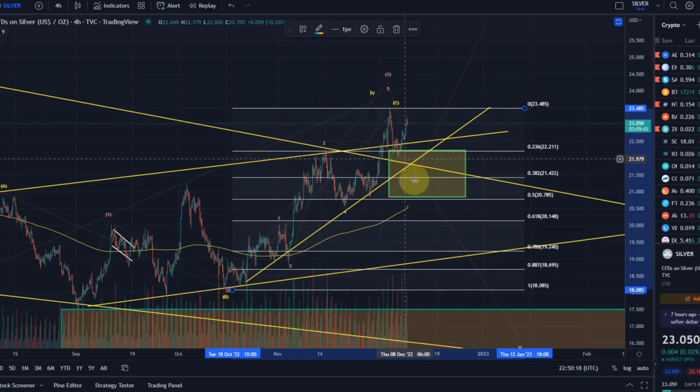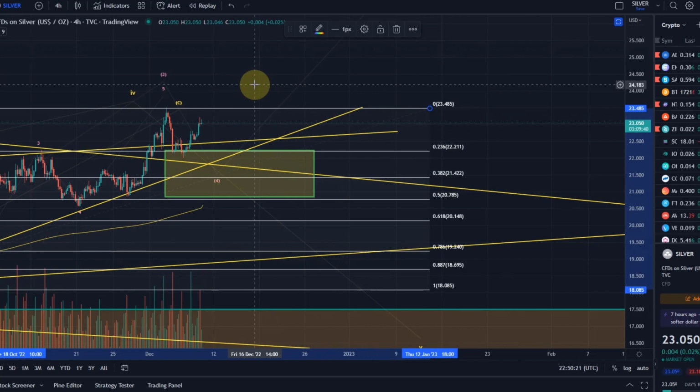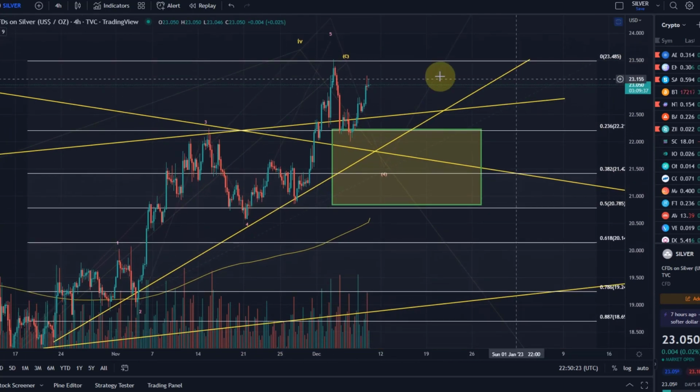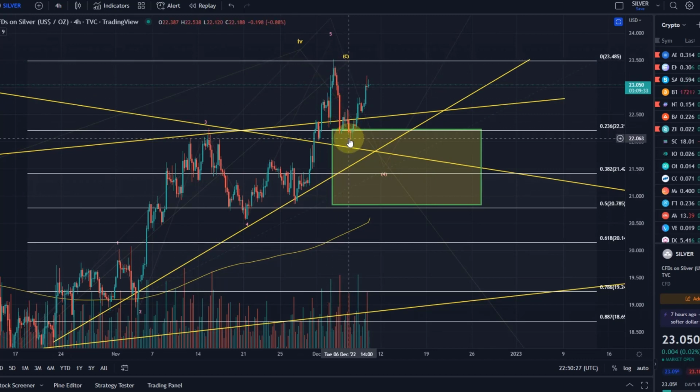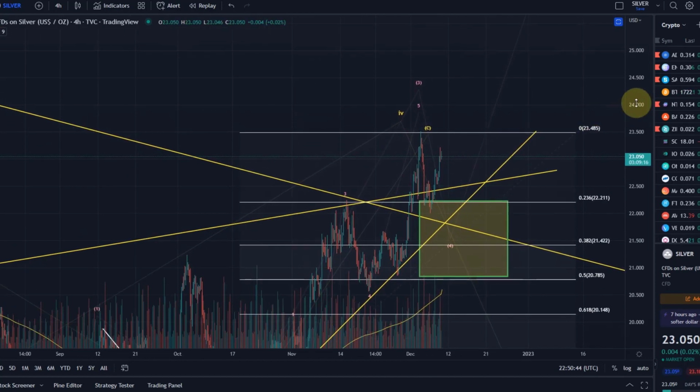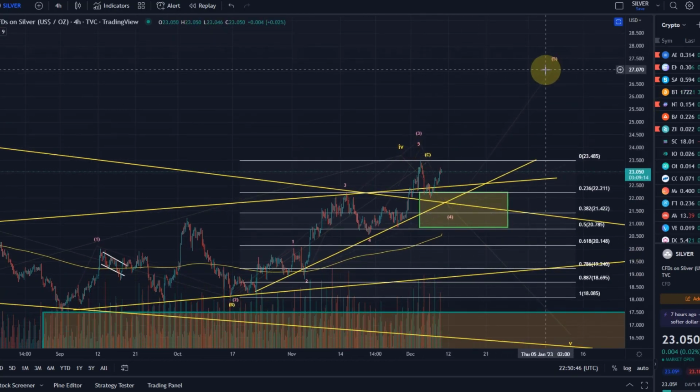In the end, it's an ABC pattern, and because the wave down, so basically the A wave, looks like a 3-wave structure, it could be a flat pattern, A, B, C, and in a flat pattern the wave B is quite strong. So it's quite likely that we still come down lower. Or if we break above 23.50, then we have already done the wave 4 and we're already in the 5th wave.